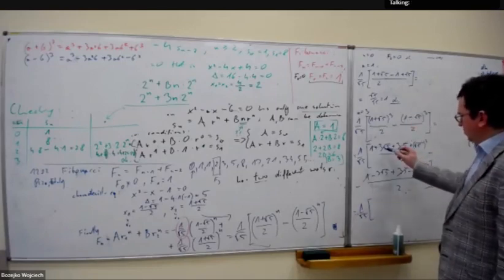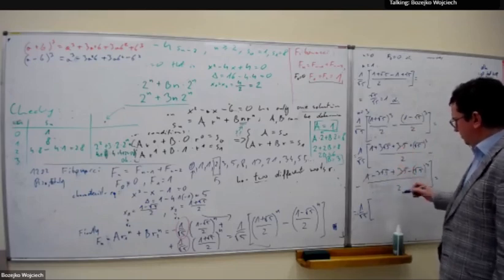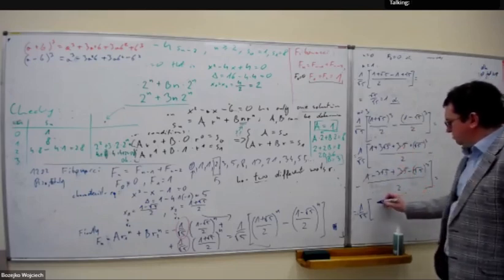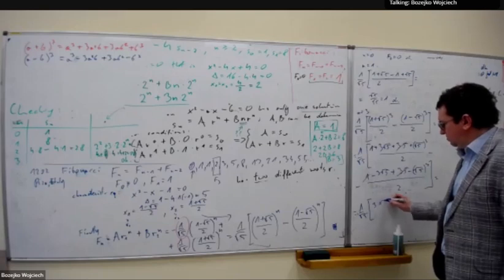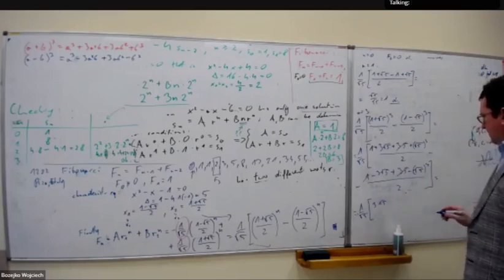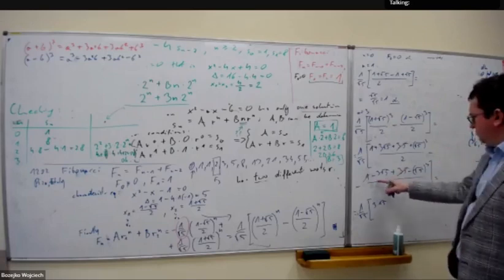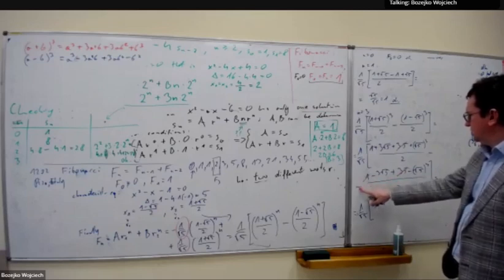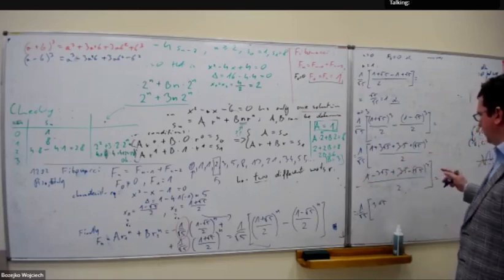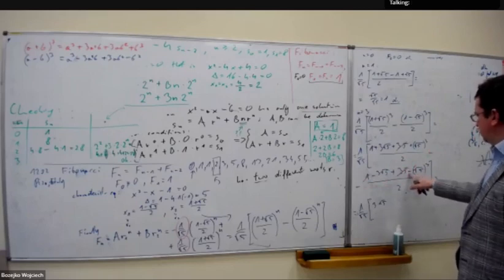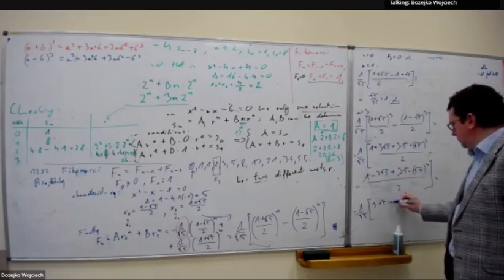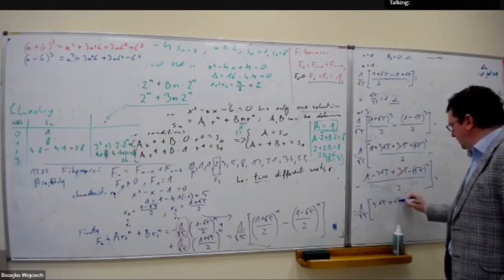And here, this is 2 times, but divided by 2, it is just 3 times square root of 5. And here we have, this is minus, so this is plus. Probably okay. This is minus, minus, this is plus 2 times. So also we have square root of 5 to the power of 3.